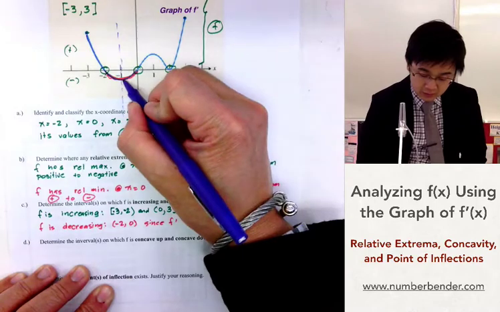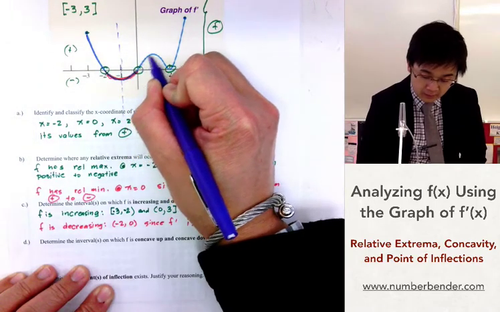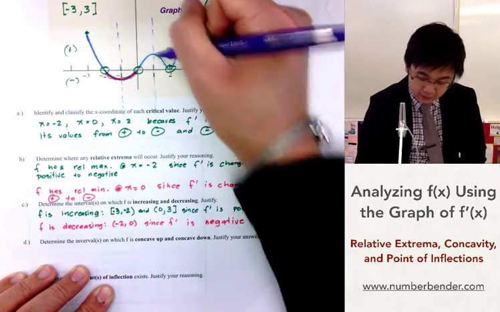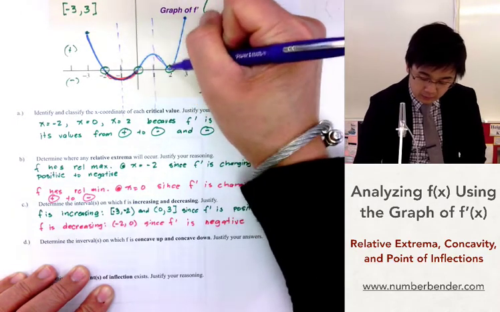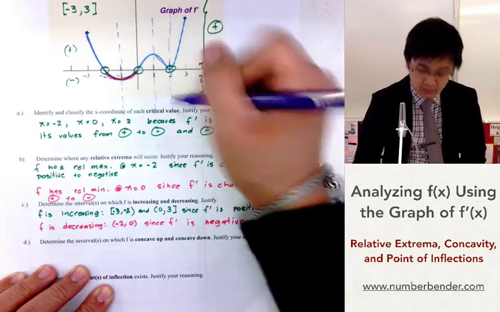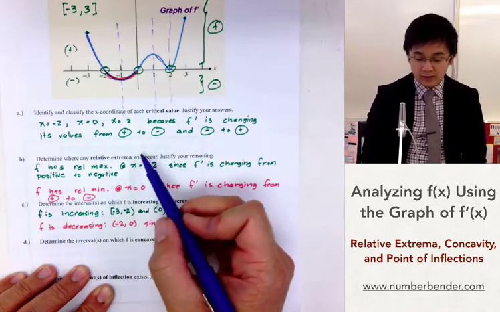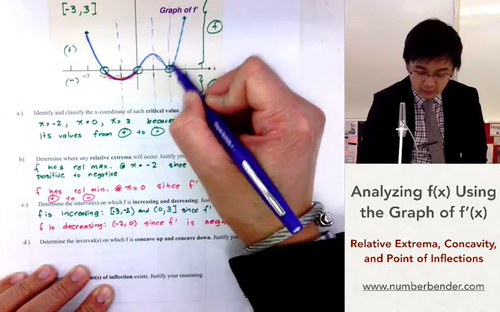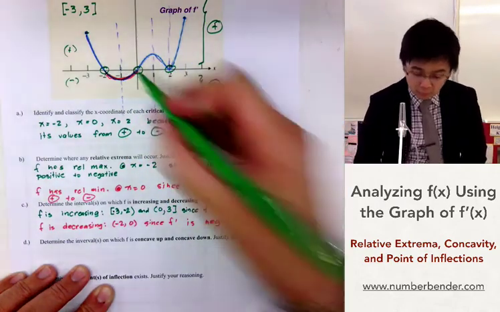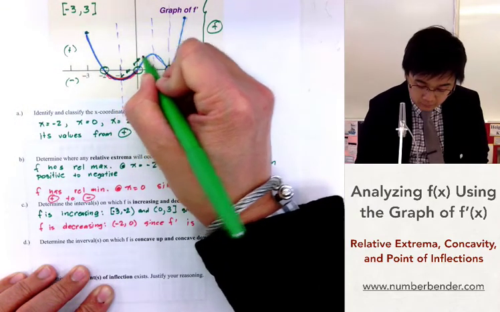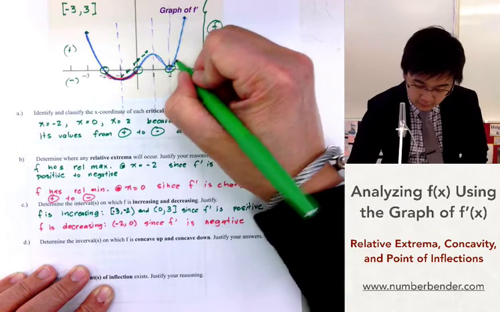And then it starts to go up again here, and then here. So we have 4 intervals. So we know that it's concave up here and there. So that's when the function is concave up. And here.